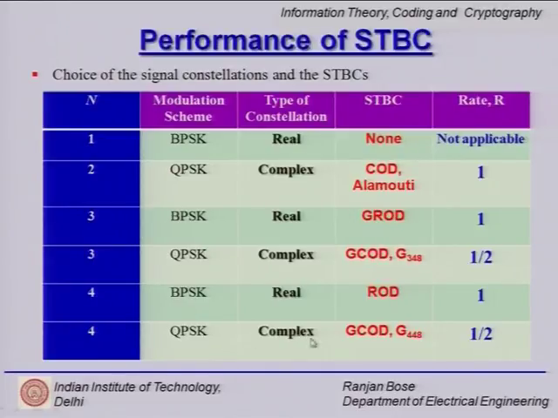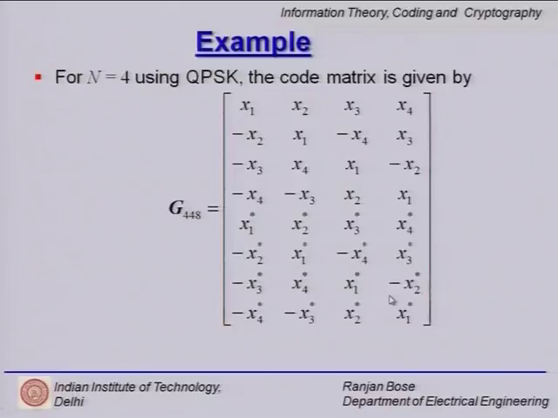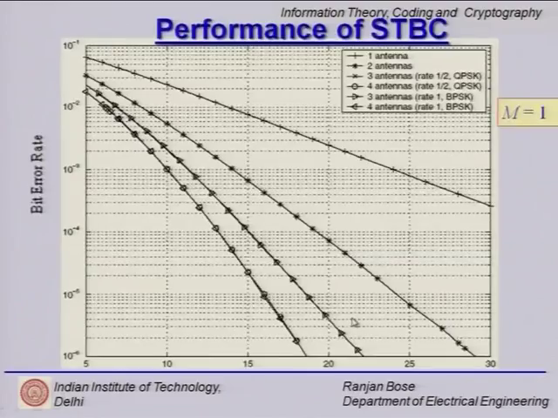Well, we have a generalized complex orthogonal design given by this G448, 4 antenna elements using 8 time slots, sending only 4 symbols. So, we have a rate of 1/2. This is the case we just now studied. This is the last curve that is coming out from the design we just now talked about, m is equal to 1.